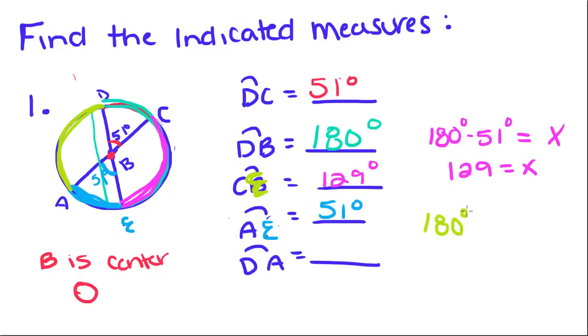So we can take 180 degrees minus this piece right here, which is 51 degrees, and we'll get 129 degrees equals x. Which makes sense if you think about it, because these two angles right here are also vertical angles, so they have to have the same measure.